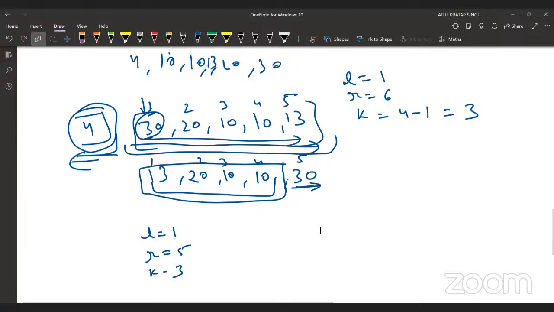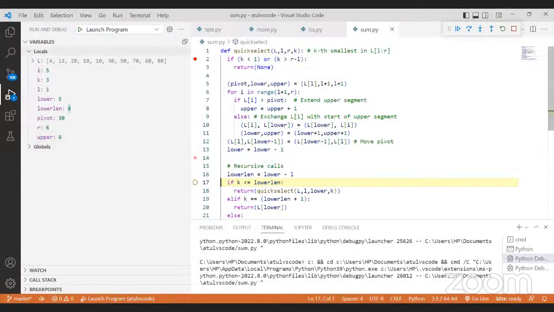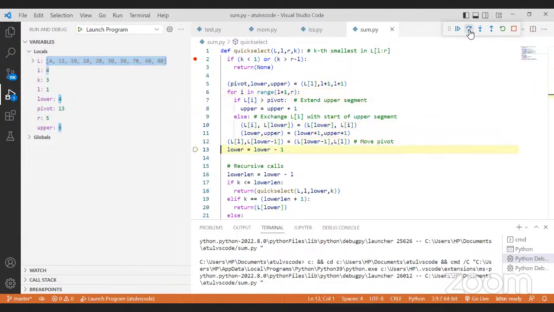Last time we have reduced it, you can see. Now L is 1 and R is 5, and we have selected pivot equal to 13 now. We will perform all the operations of partition here. Now we will get this information.